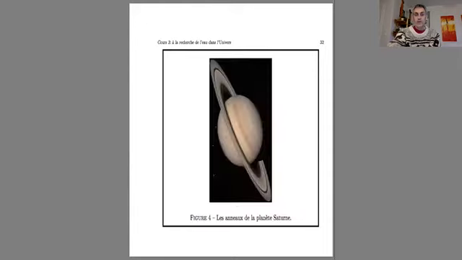Let me show you the picture of the planet Saturn with its famous rings about it. So they're in the form of a disk. How did they form? By the same process that I was just explaining to you. There's an axis of rotation here for Saturn.